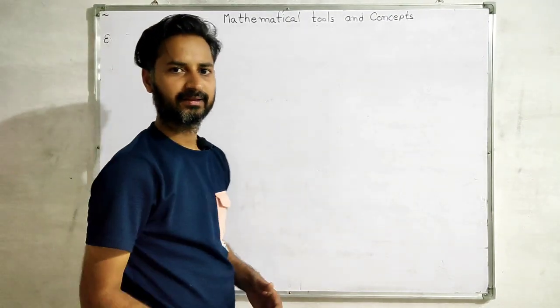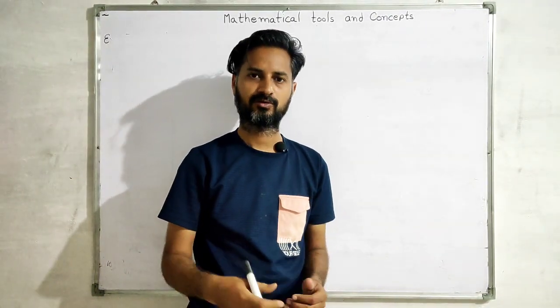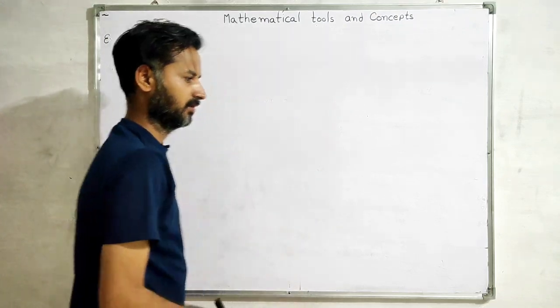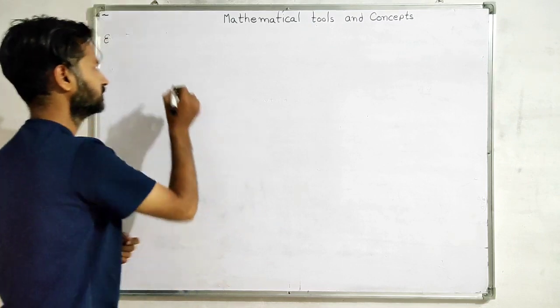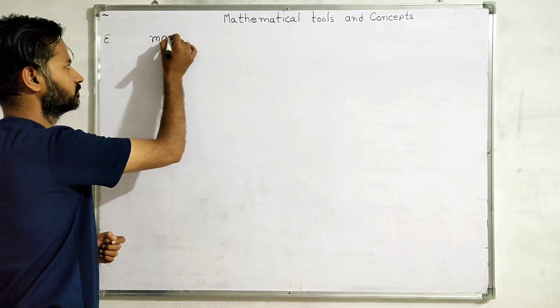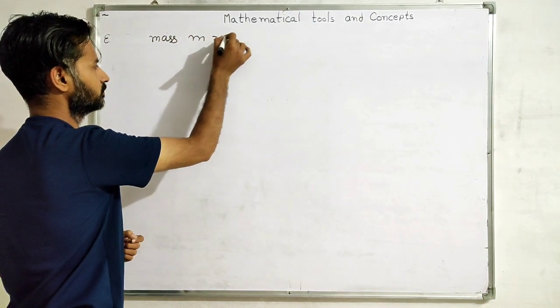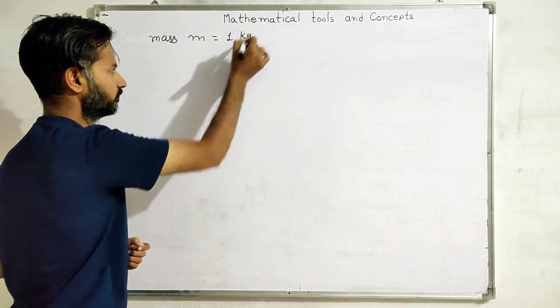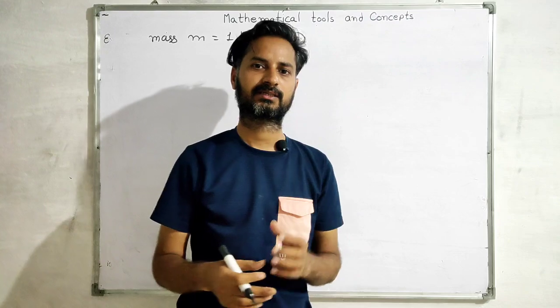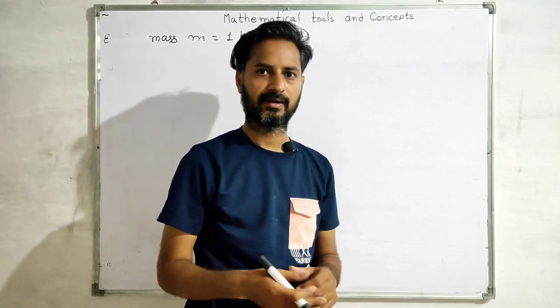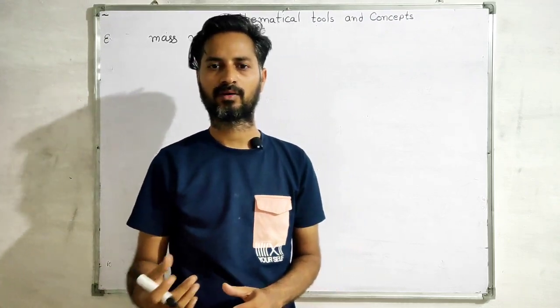Let's take the last example for this topic. Let's say we have an object of mass 1 kilogram, and this object is in straight line motion, and its position depends on time.